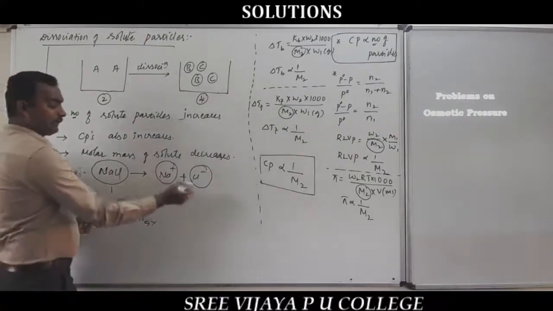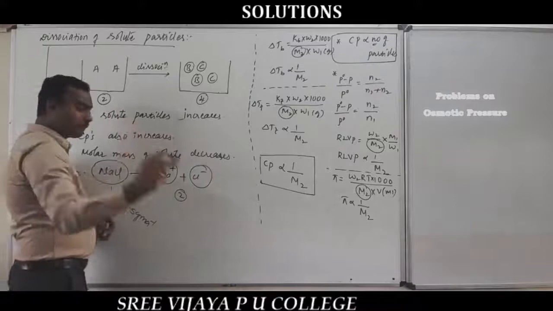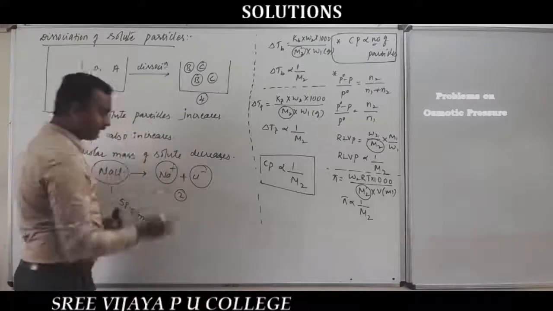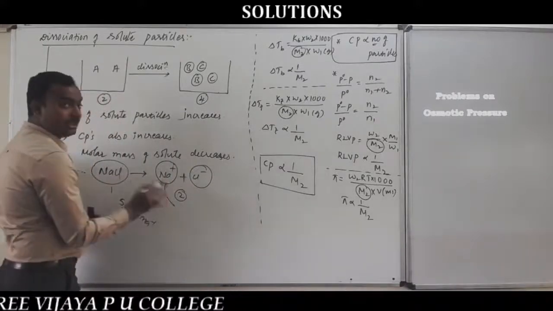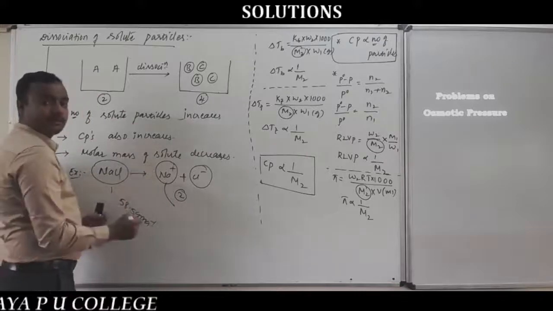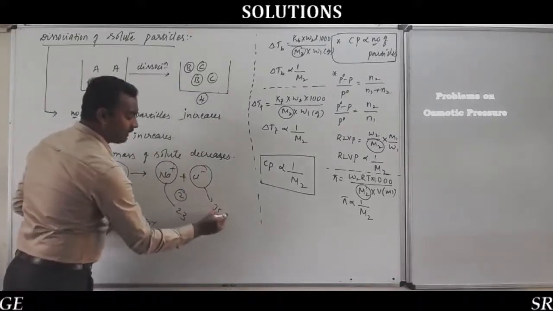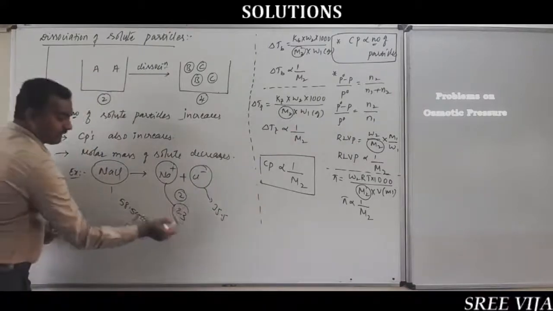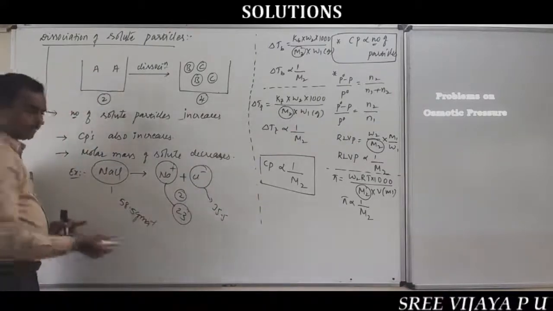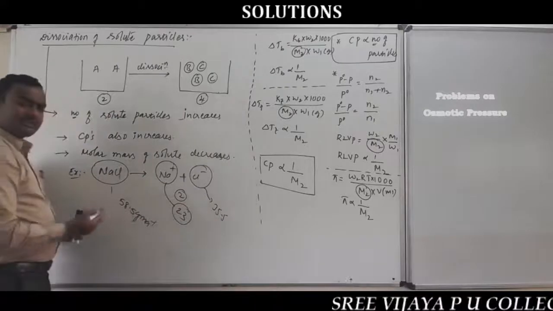Then when you divide, Na plus acts as one particle and Cl minus acts as one particle. What is the atomic mass? You will not take it as a molar mass because it is the ionic form, not the elemental form. So that is 23 and 35.5. Observe that 23 is less than 58.5, and 35.5 is also less than 58.5.